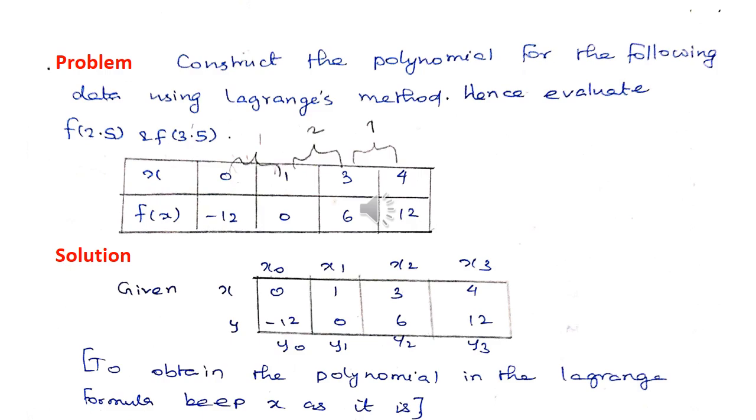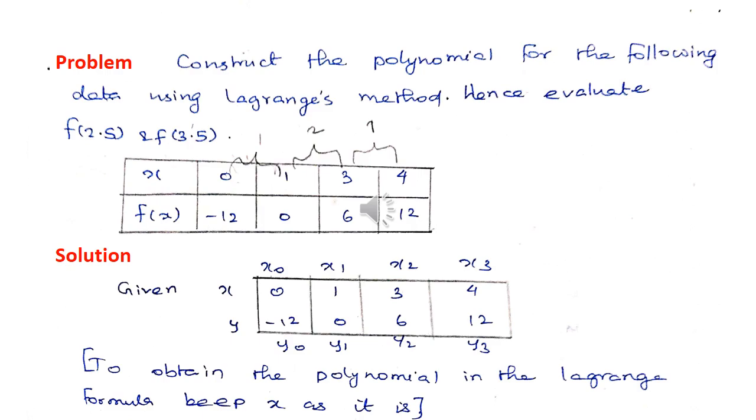Here we note that the intervals, that is 0, 1, the difference is 1, and the difference between 1 and 3 is 2, and the difference between 3 and 4 is 1. So the differences are unequal. So here we use Lagrange's method.